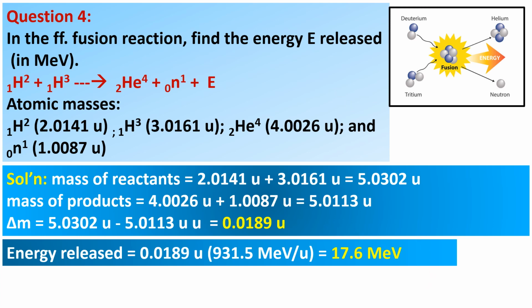Unfortunately, nuclear fusion reaction is not yet possible at this time. The reason is we cannot have a nuclear reactor that can sustain the tremendous or extremely high temperature needed for a typical fusion reaction to occur.